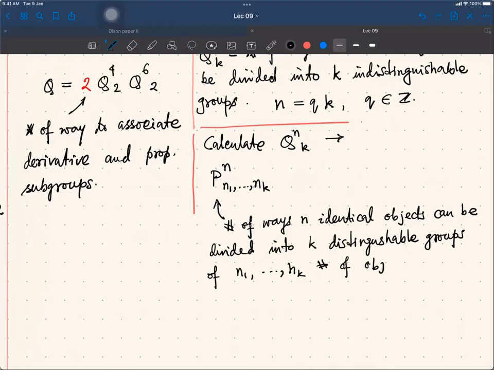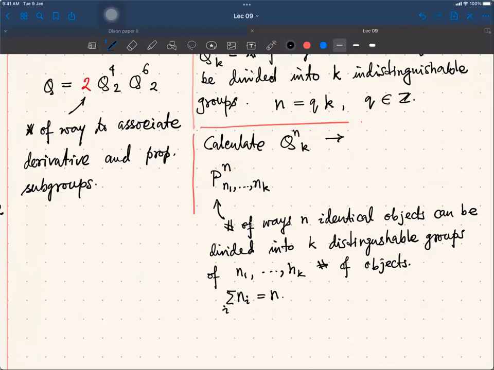It's like partitioning. So you have n objects and you are partitioning n objects into k subgroups. Original n particles are indistinguishable, but the k subgroups are distinguishable. So the sum over i of ni is equal to n, of course. So I take n and divide it into k distinguishable subgroups.